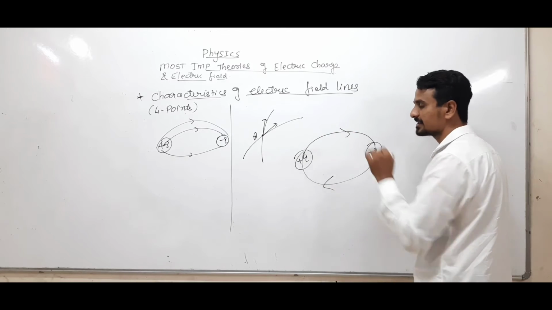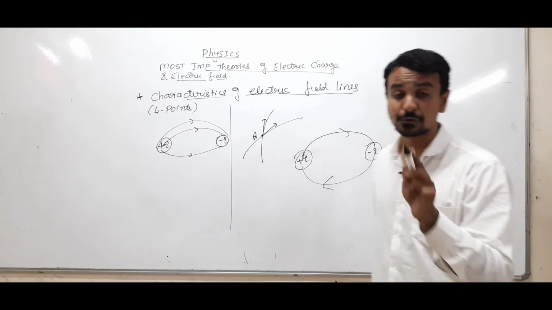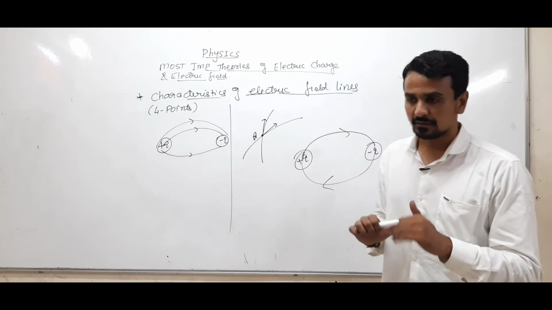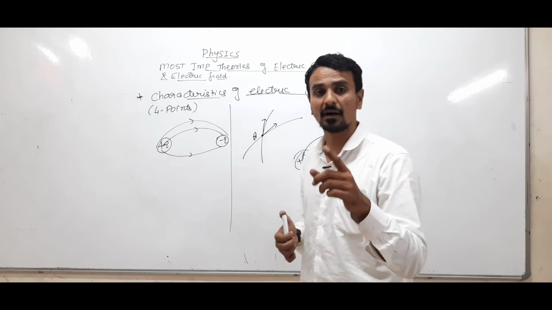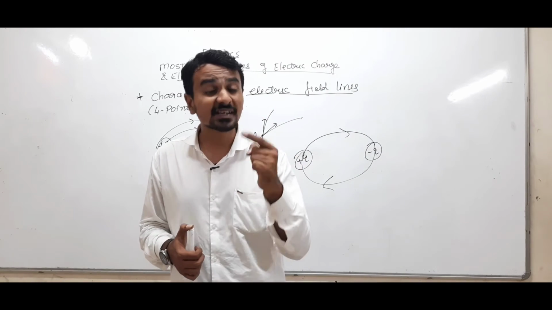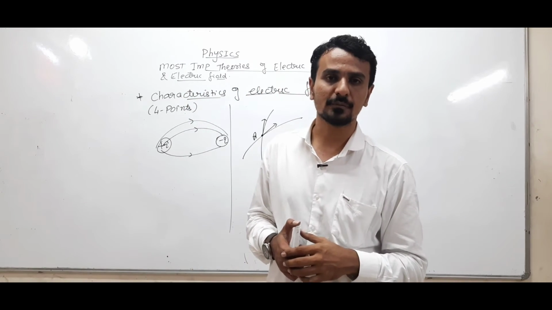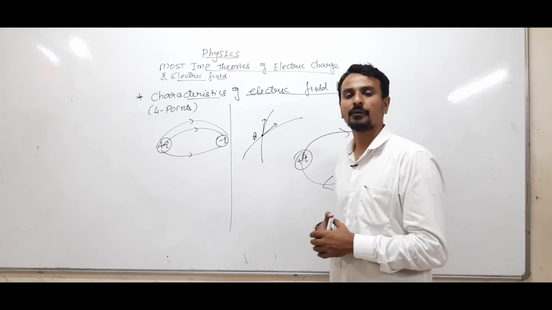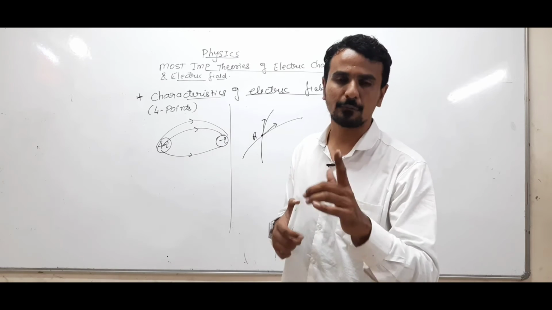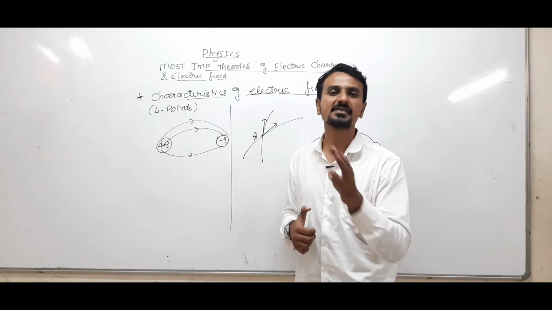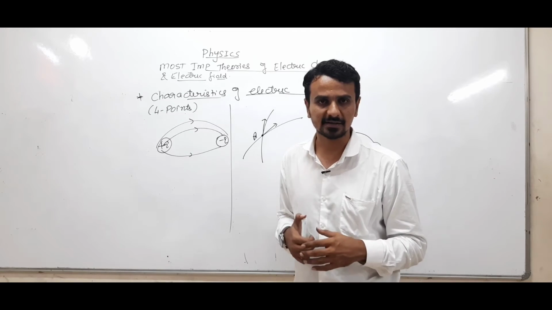Otherwise, if electric field lines are generated by a changing magnetic field, then those electric field lines form closed loops. So you have to mention that electric field lines because of static charge distribution will not form closed loops. These are the characteristics of electric field lines. You have to write four characteristics, right?